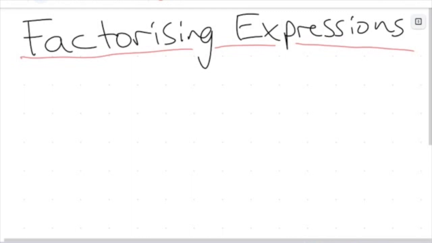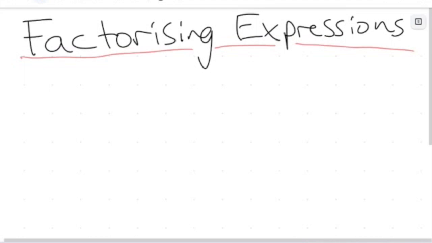So the reason I mentioned that you should understand some of the building blocks you've done in Year 7 is because one of the topics from Year 7 actually goes hand in hand with what we're going to be doing today.